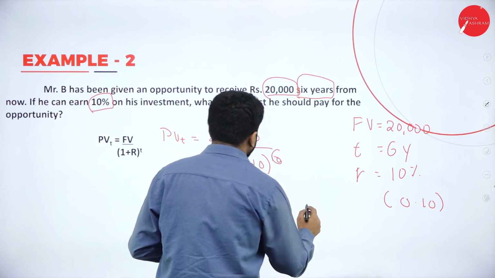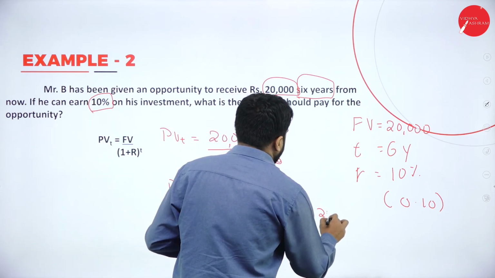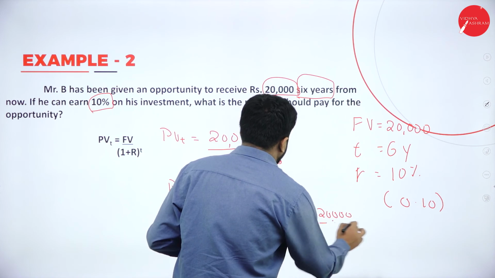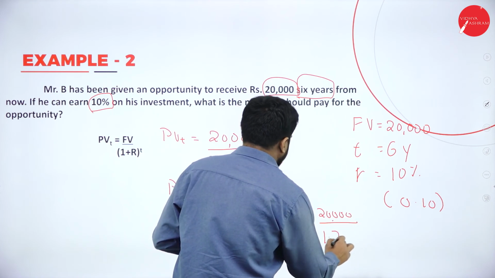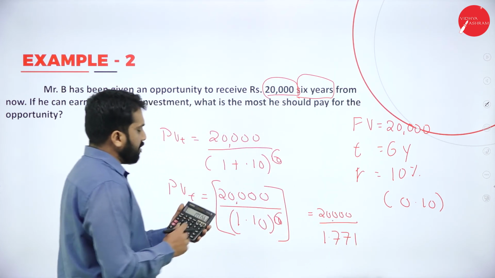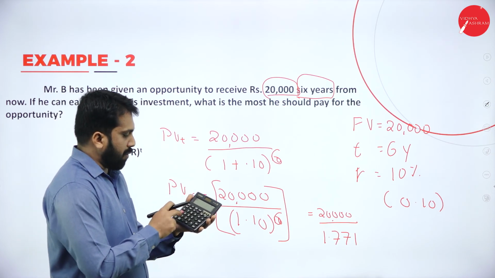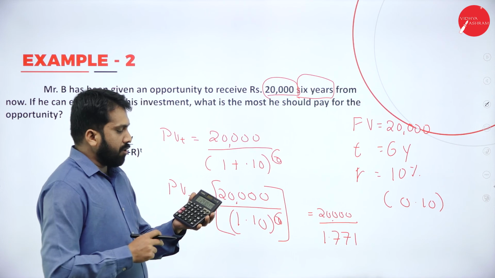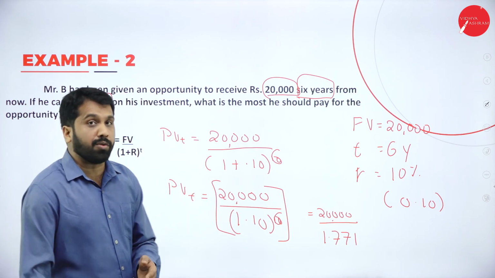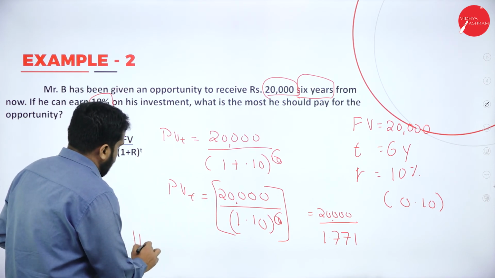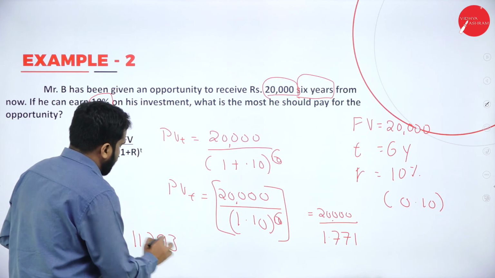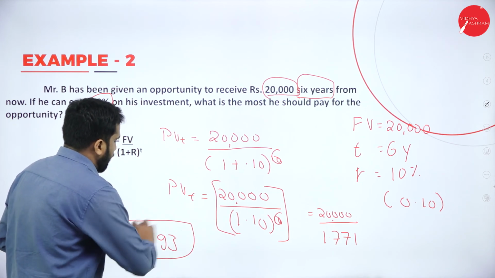I'll write it here. 20,000 divided by 1.771. How much you will get? Now, 20,000 divided by 1.771, you will get 11,293. 11,293 is your final answer.